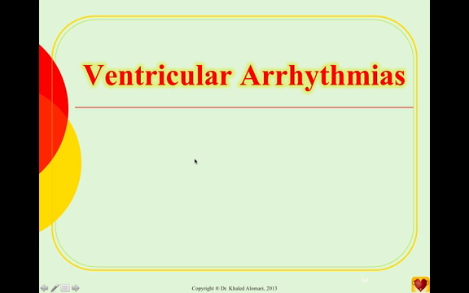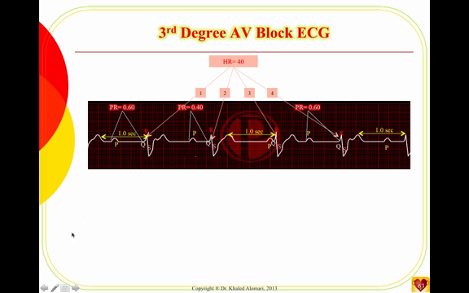So since none of these P waves is causing a QRS, basically there's a block here. So it's useless. The P is firing, but unfortunately it's not causing anything. The ventricles will wait, and then when no P will pass because the AV node decided to block all of them, the ventricles will contract on their own.